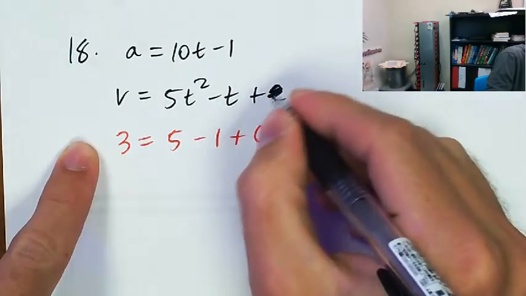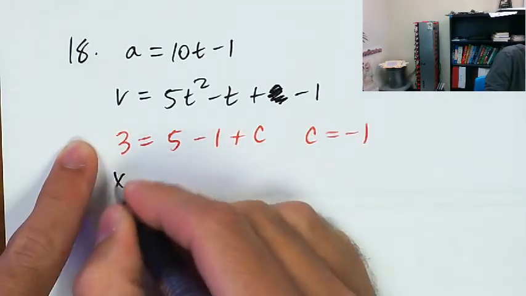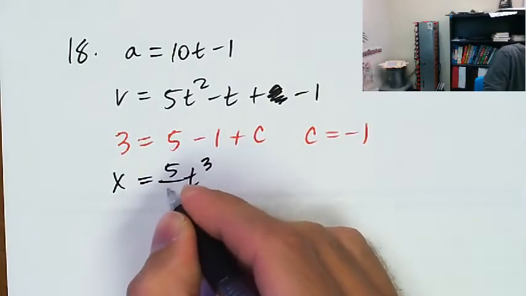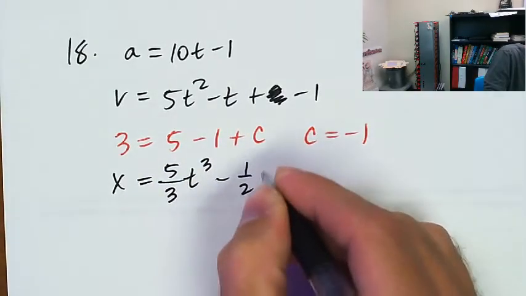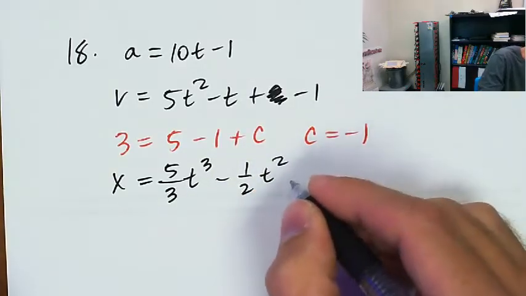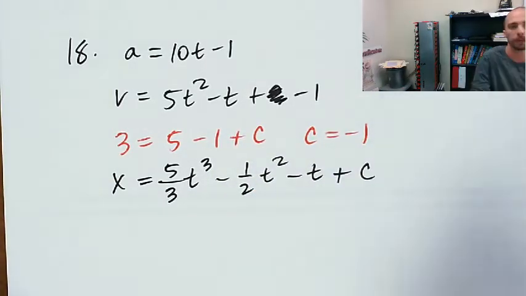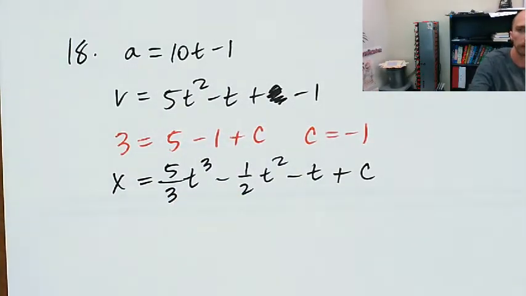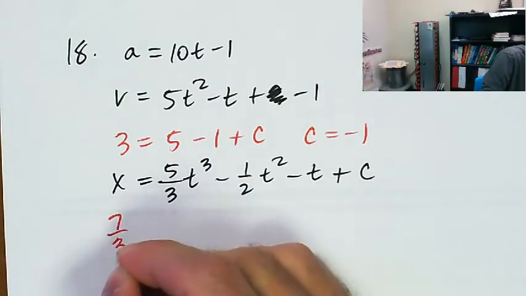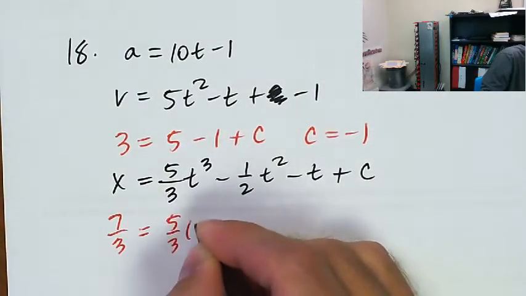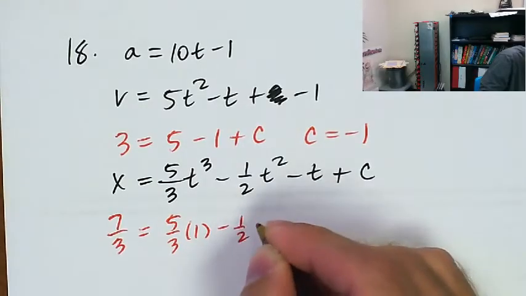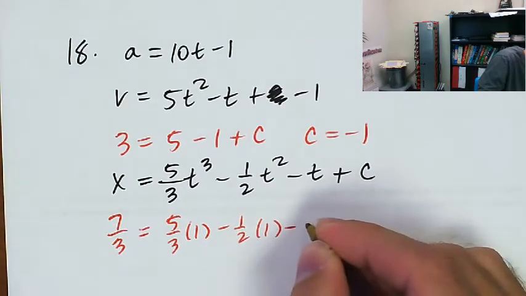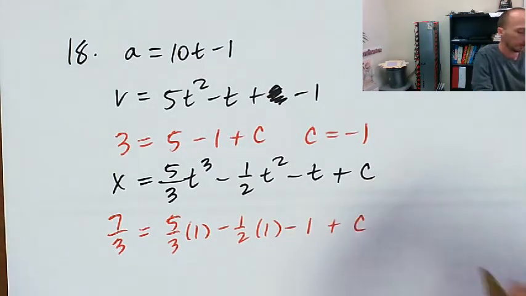All right, so x is equal to, antidifferentiate, increase the power by 1, divide by the new power. The same over here, increase the power, divide by the new power, minus t plus some other new c. And then we're saying that at time t equals 1, the position 7/3 is equal to 5/3 times 1 minus half of 1 minus 1 plus c.